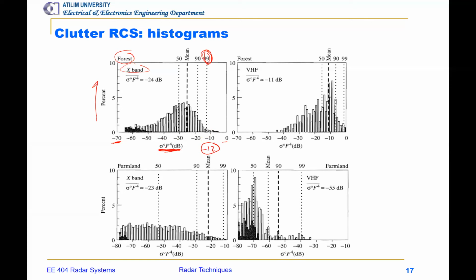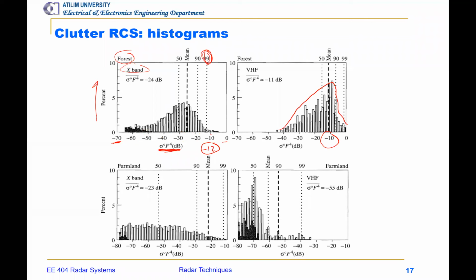For VHF, we see that the mean value goes up to minus 10 dB, and it's rather concentrated around minus 40 to minus 5. For X-band, it's a little bit spread from minus 65 to minus 10.